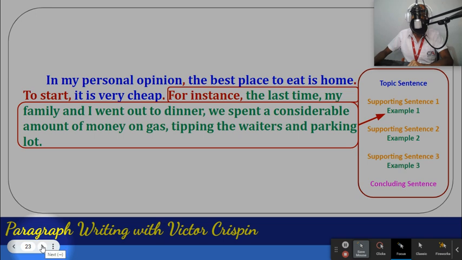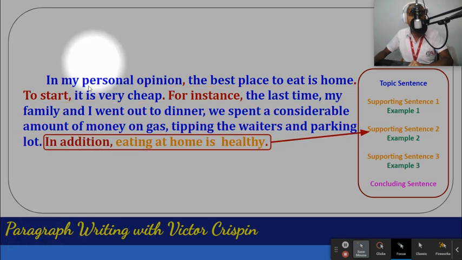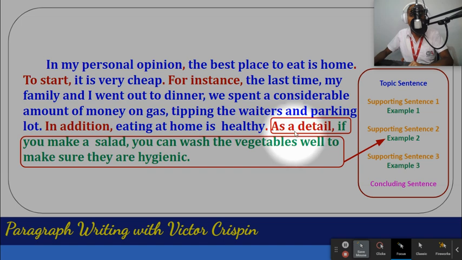Let's continue with the supporting sentence number two. Here I have another connector, which is in addition, eating at home is healthy. This will be my supporting sentence number two. Now let's continue with the example. In this case, my example is as a detail, if you make a salad, you can wash the vegetables well to make sure they are hygienic. This will be my second example.